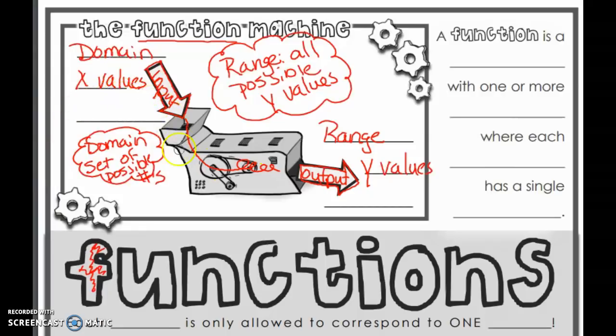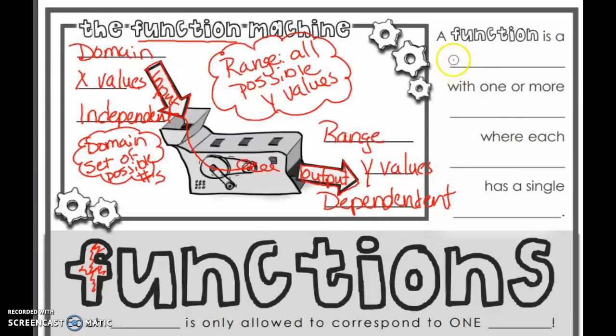We put an x value in, what comes out is the y. This is always the independent. Remember last year in 7th grade you learned about independent variables, and what comes out is dependent. Dependent. Okay, make sure you have all that.